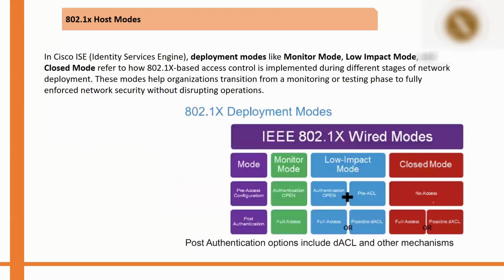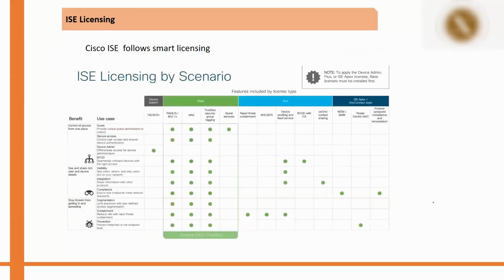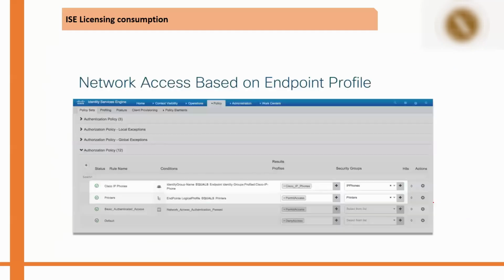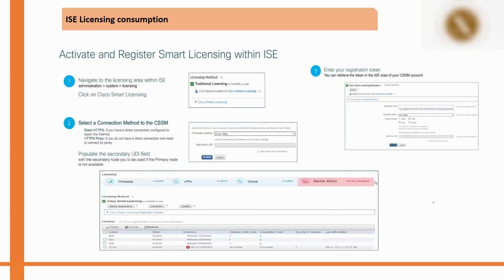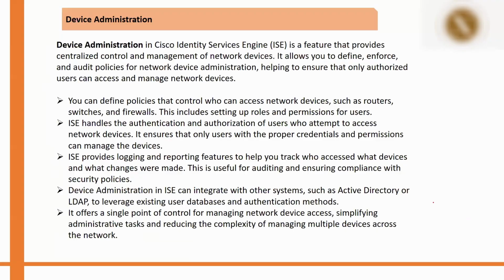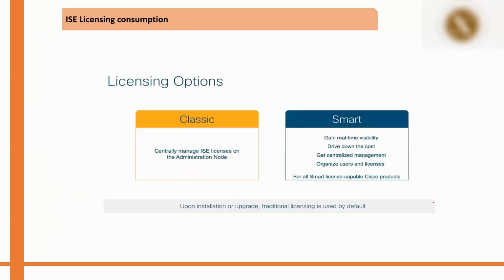We will also understand the different host modes, and licensing obviously. Once the licensing is complete, we will go for device administration. So hopefully we should start the device administration introduction. Let's try to reach there.